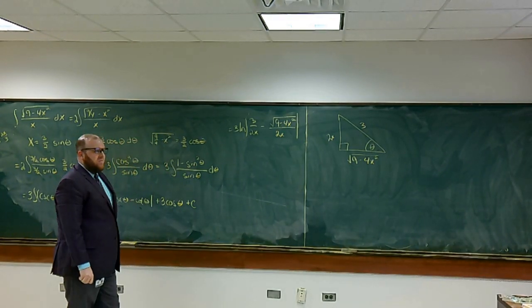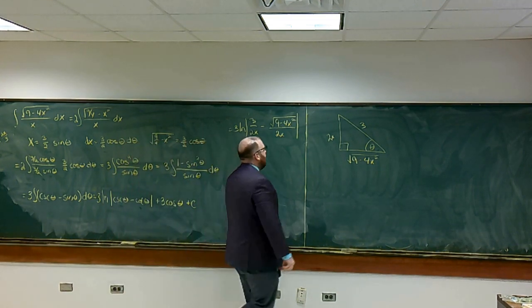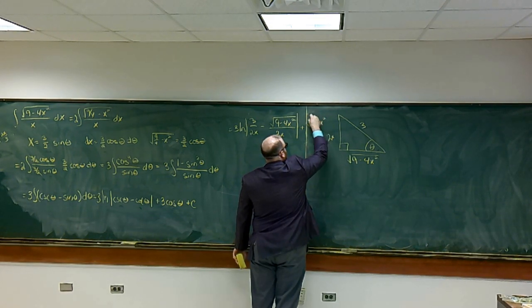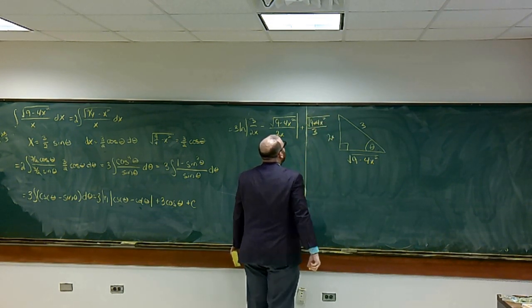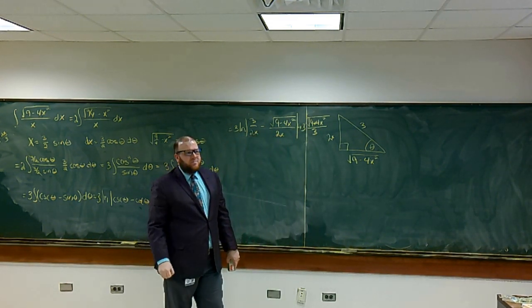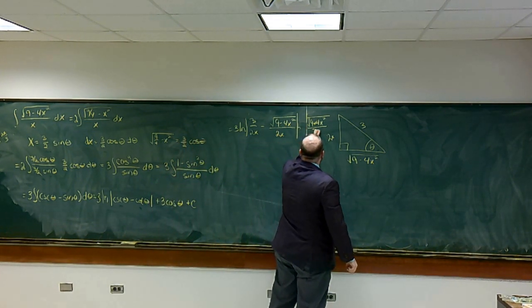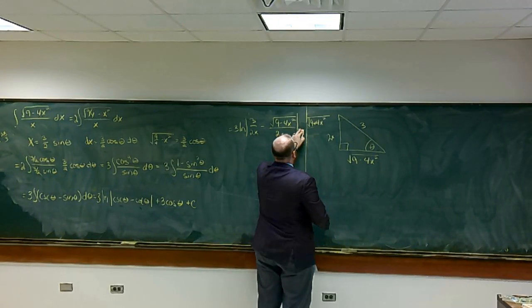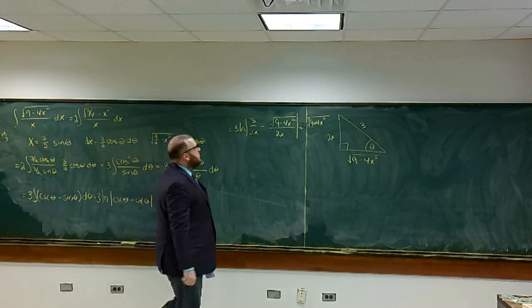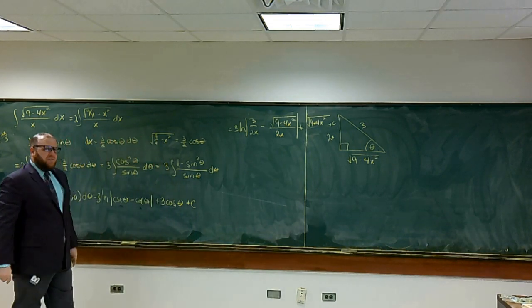Cosine: adjacent over hypotenuse. And then, of course, here is case 1, which is exactly what we got using algebra.